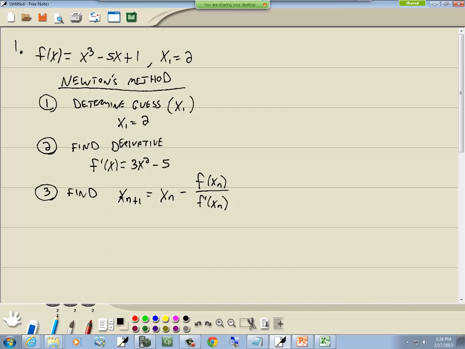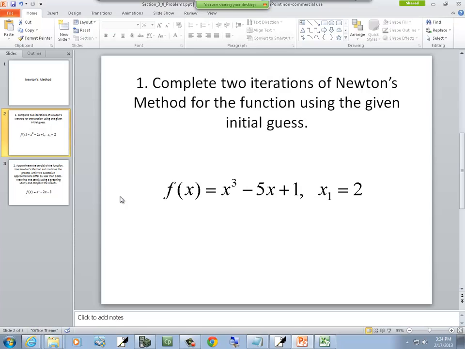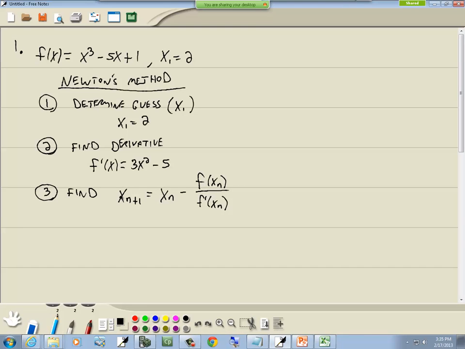And now for this particular problem here, they say complete 2 iterations in Newton's method. But we'd actually keep on going until we're done. Now, if I were to plug in for our first one, n is equal to 1.